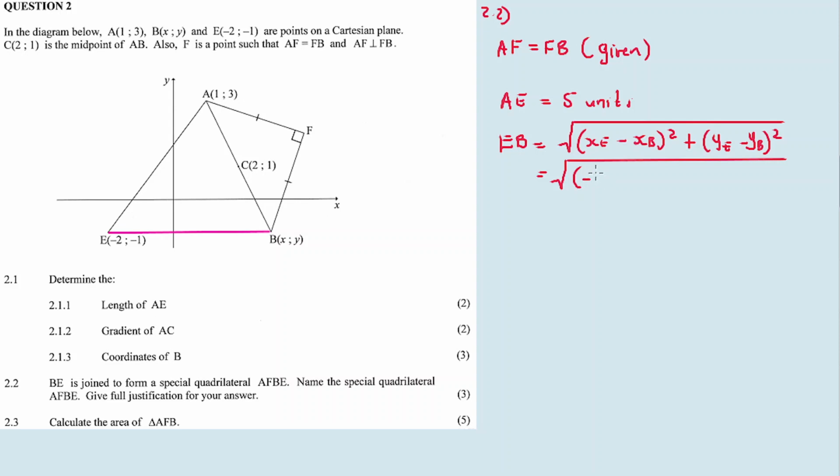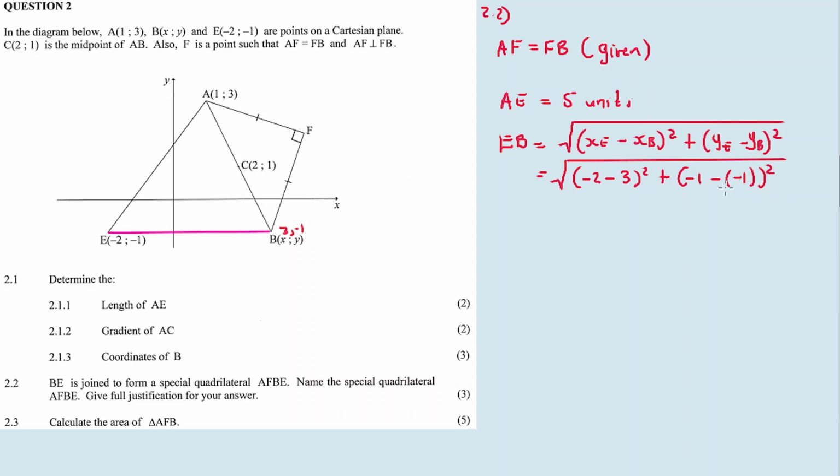Negative 2, minus XB, which is 3, and YE is negative 1, minus YB which is 1.